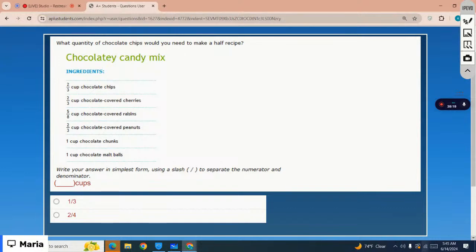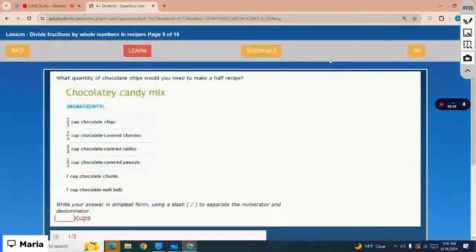Option number 1 is the correct option. You need 2 by 3 cup in the original recipe. Divide them by 2. So that would be 1 over 3. The correct option is 1 over 3.